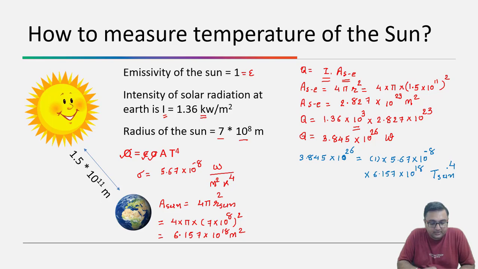So let's find it out. What is the final value over here? 3.845 into 10 raised to 26 divided by 5.67 multiplied by 10 raised to minus 8 multiplied by 6.157 into 10 raised to 18.